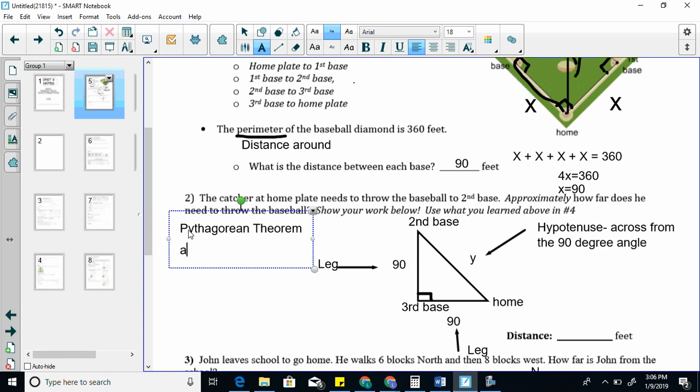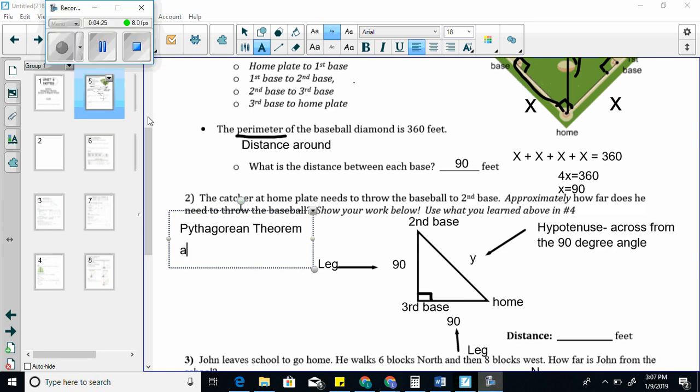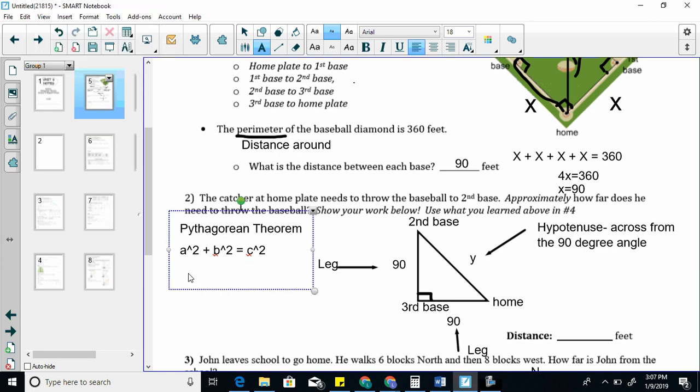And I know that Pythagorean theorem is a squared plus b squared equals c squared. In this problem, I know my a and my b are both 90. So 90 squared plus my other 90 squared equals y squared, or c squared.